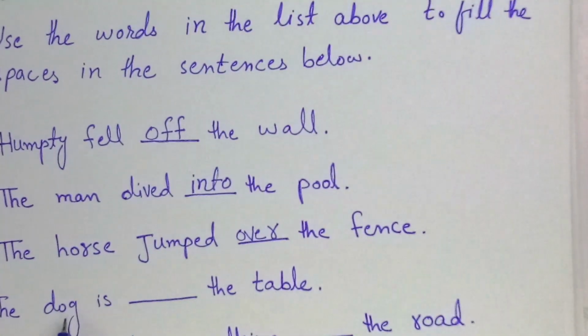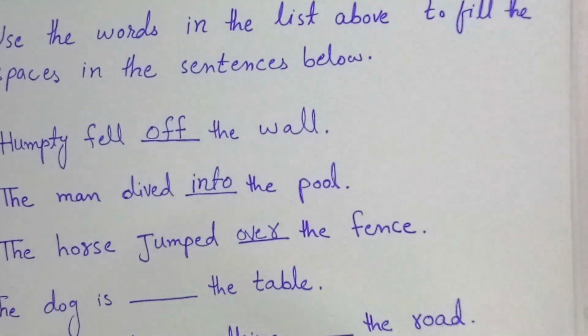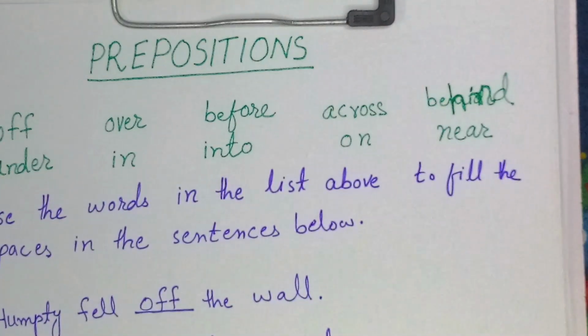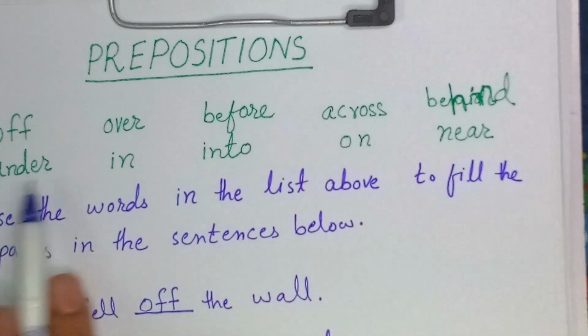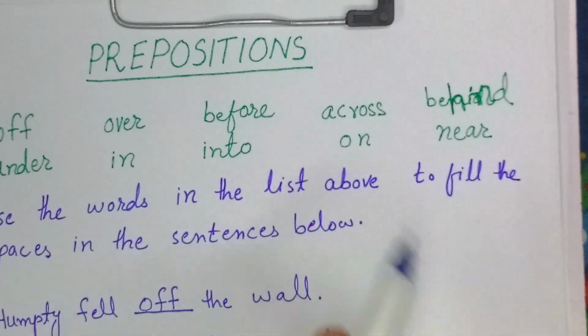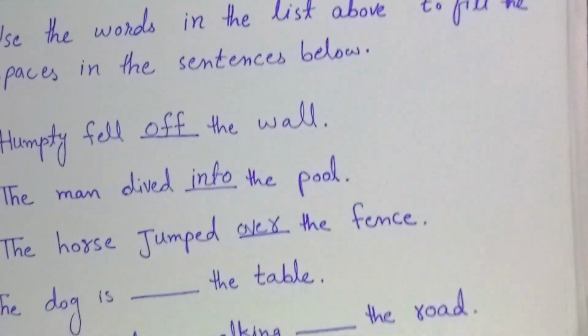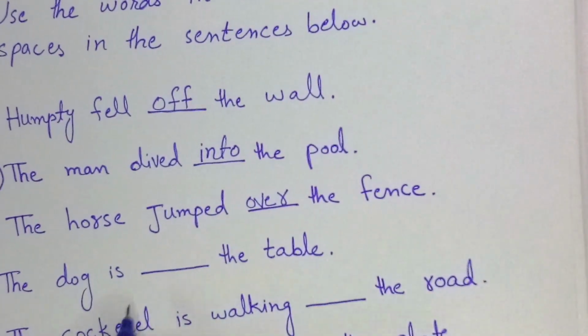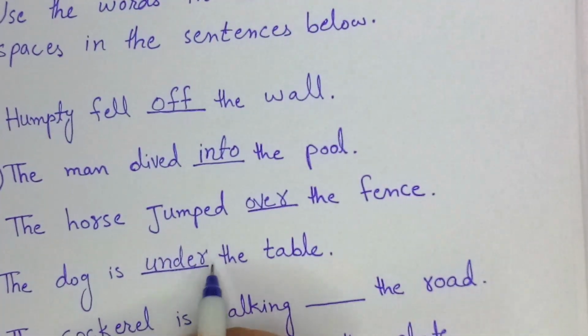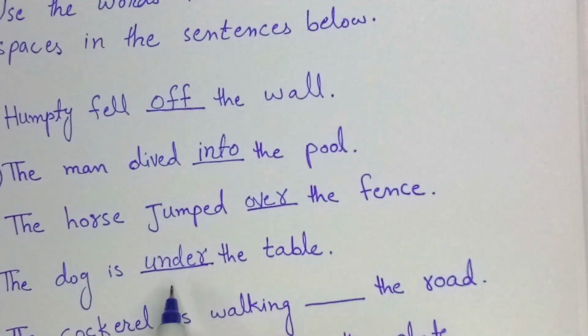Now the fourth one is the dog is dash the table. So let's see what options we have. Dog is under the table, or dog is near the table. So we have the dog is under the table. Now why do we use under here?